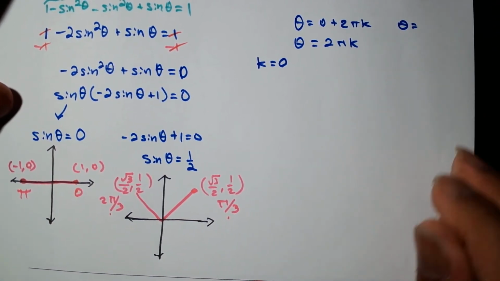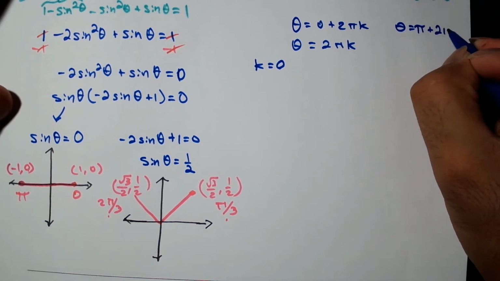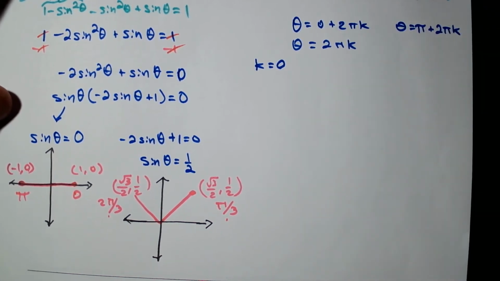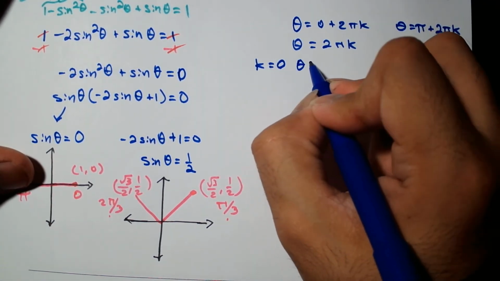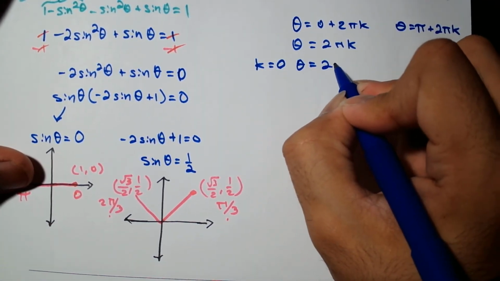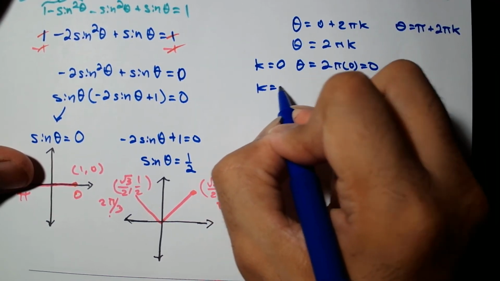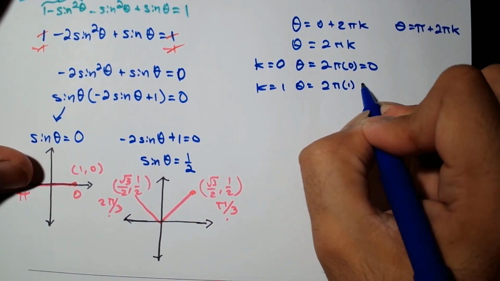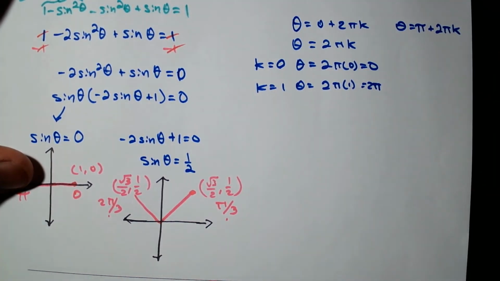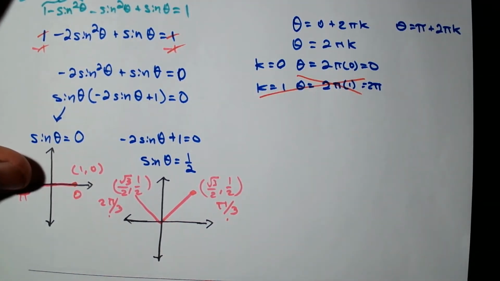So that's pi plus 2 pi k. Well, this one doesn't reduce at all. Then theta equals 2 pi times 0, which is 0. K equals 1, well, that's going to give us 2 pi. But this one is outside of the range, so goodbye. Call it a day for that one.